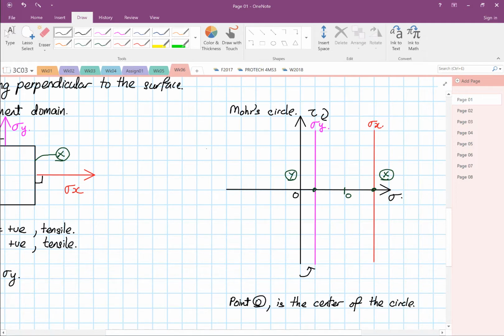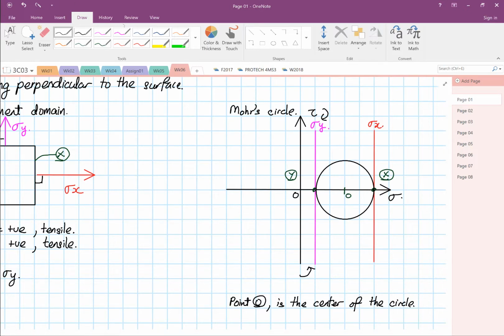So you use your compass to draw the Mohr circle. You draw a Mohr circle with your compass. This is your Mohr circle.